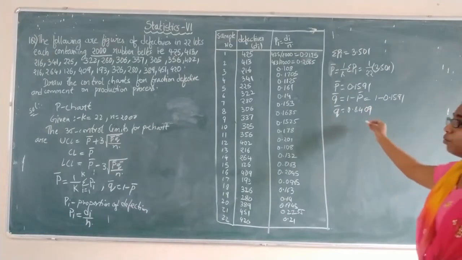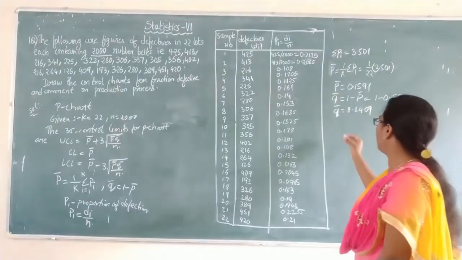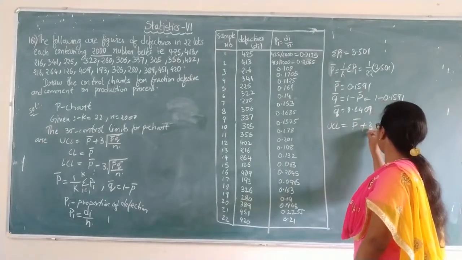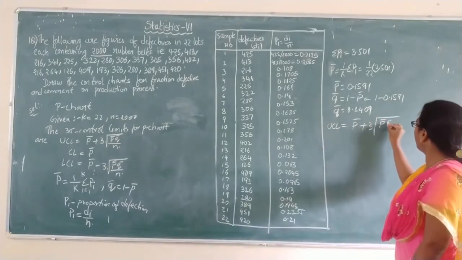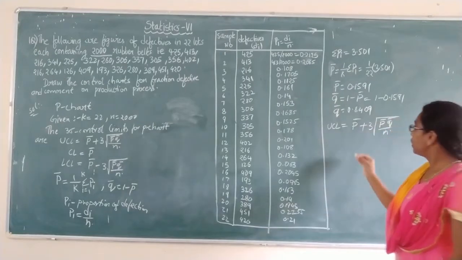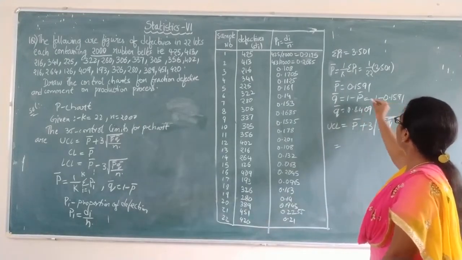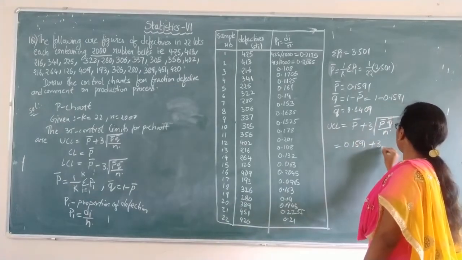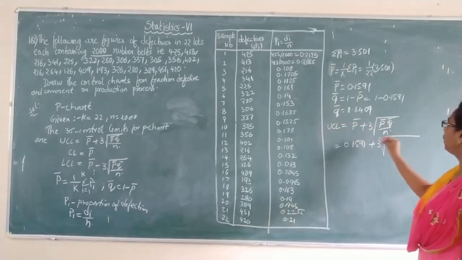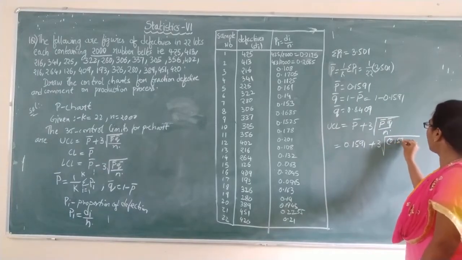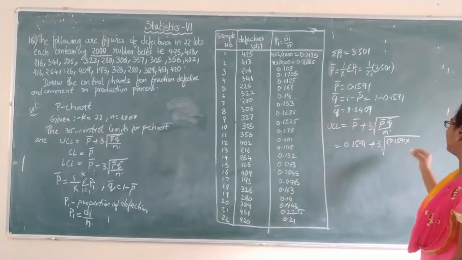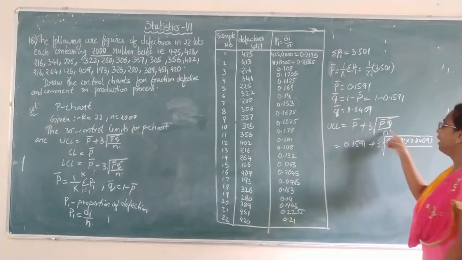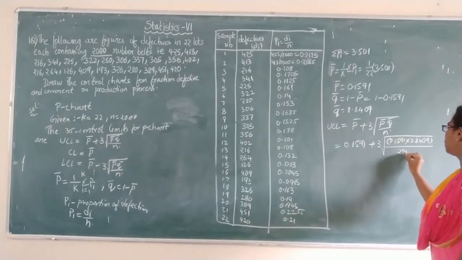Substitute these P bar and Q bar values in the 3 sigma control limits. What is the UCL? UCL equals P bar plus 3 into the square root of P bar Q bar by N. P bar is 0.1591 plus 3 into the square root of 0.1591 into Q bar, 0.8409, divided by N, the sample size 2000.